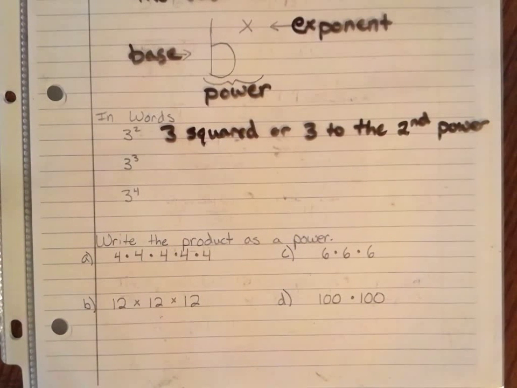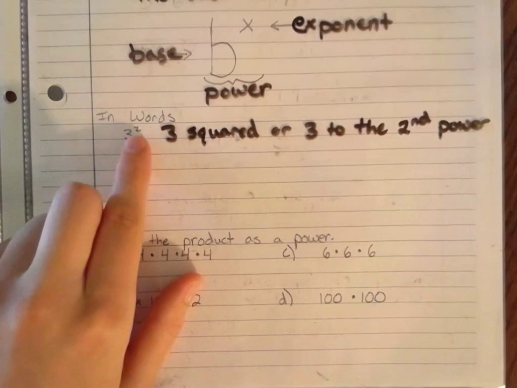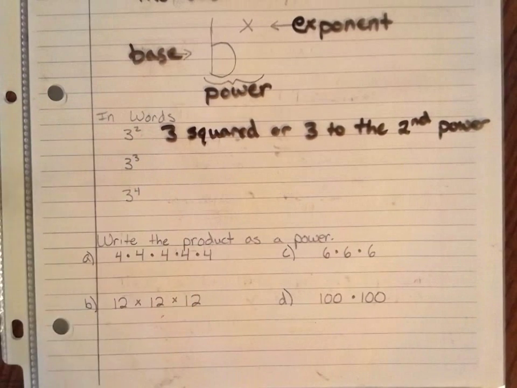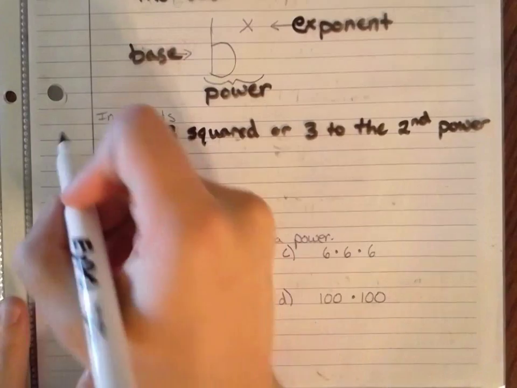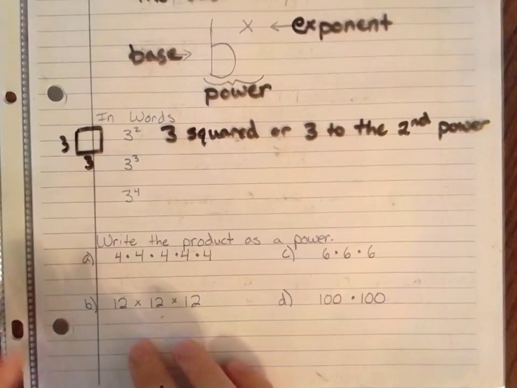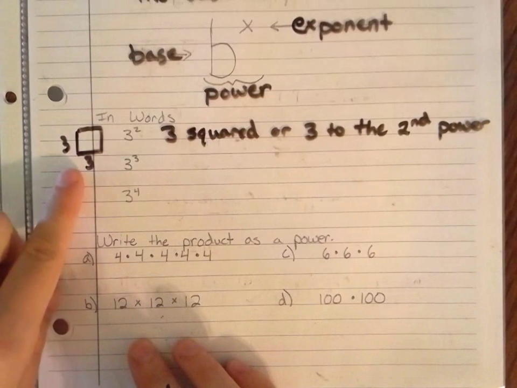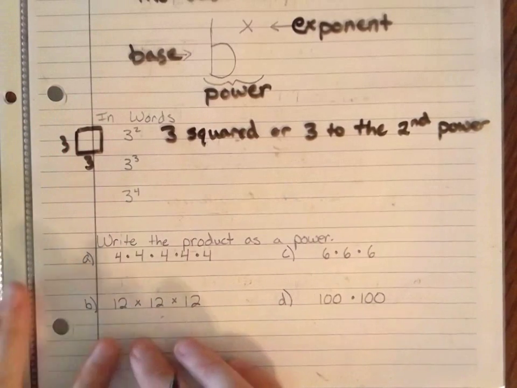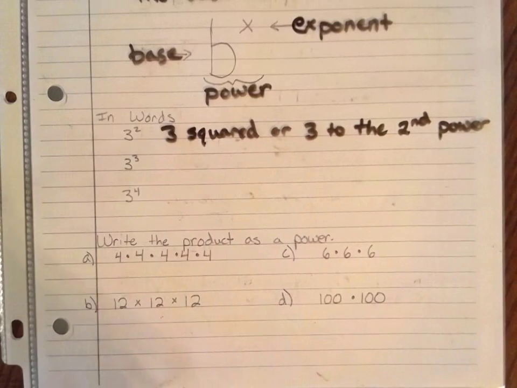The reason why it is called squared is 3 to the 2nd power, or 3 squared, is 3 times 3. When we talk about area, a square, let's say it's 3 by 3, if we take 3 times 3, we get a square. So we can call this 3 squared, or 3 to the 2nd power.